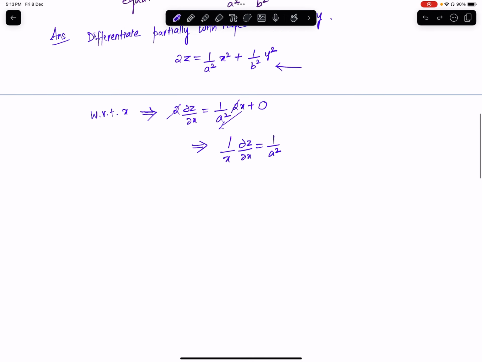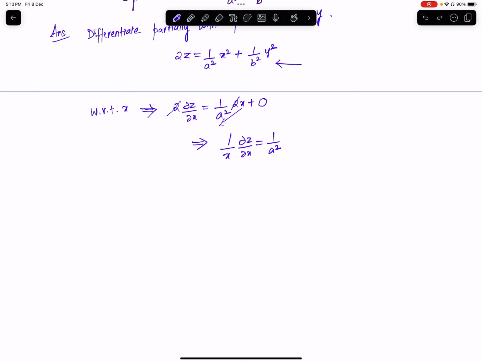In the same manner, I am going to differentiate with respect to y. So 2 dou z by dou y is equal to, in this place you don't see any y, so automatically when you differentiate, that will become 0.